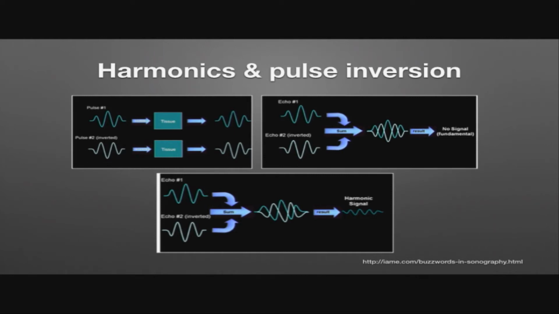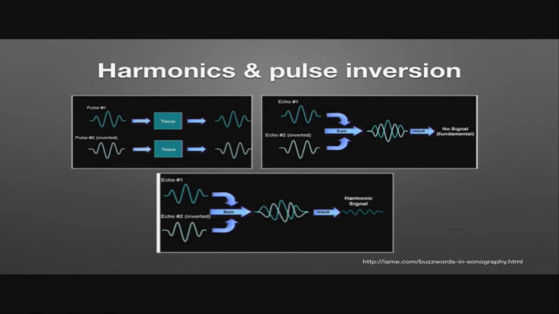So that means that the fundamental frequency is removed, but the harmonics are going to be different between the 2 inverted pulses, and so they are going to combine together to give you a harmonic signal. So the fundamental frequency will cancel itself out, and the harmonic frequencies will remain.